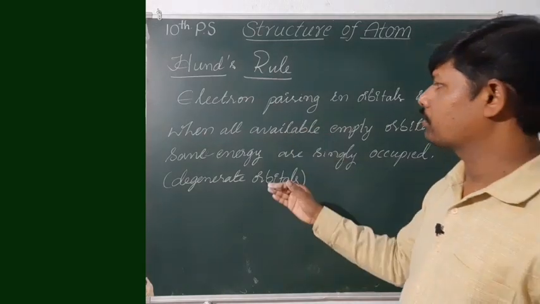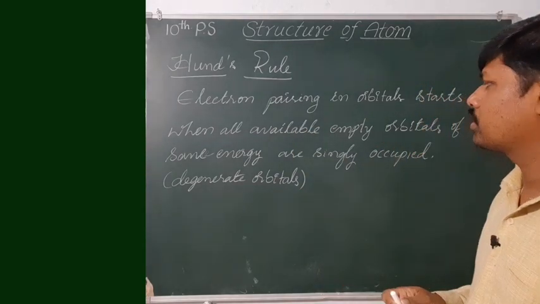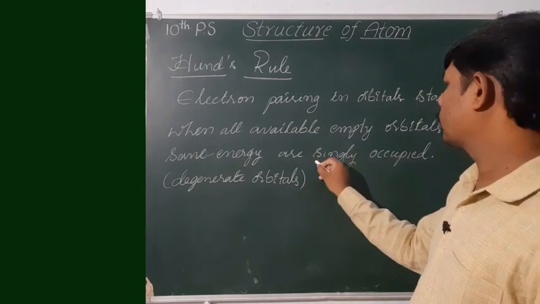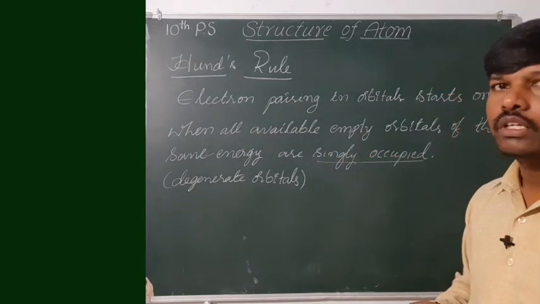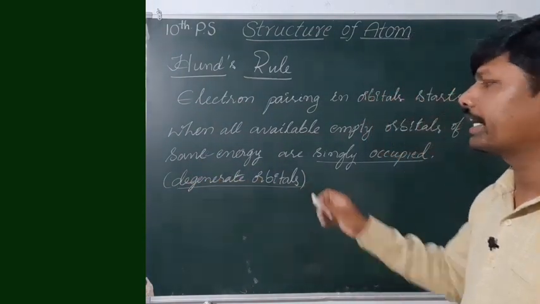So according to this rule, first of all the available orbitals should be singly occupied. Same energy orbitals are also called degenerate orbitals.